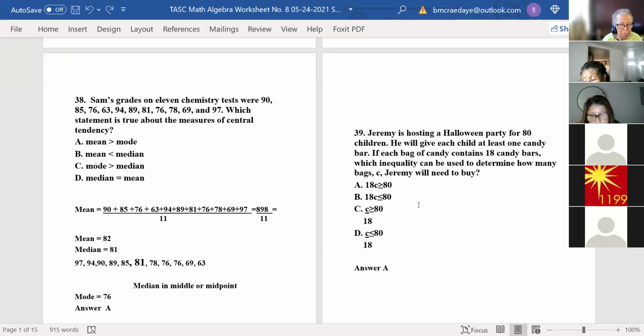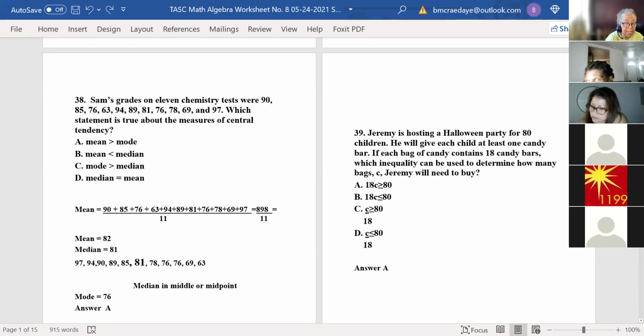I think I gave you C, but it's not C. I think it's B. If each child should get at least one candy bar, that means 18 candy bars times the bags has to be greater than or equal to 80. At least means greater than or equal, right? Yes. So that means it has to be A.